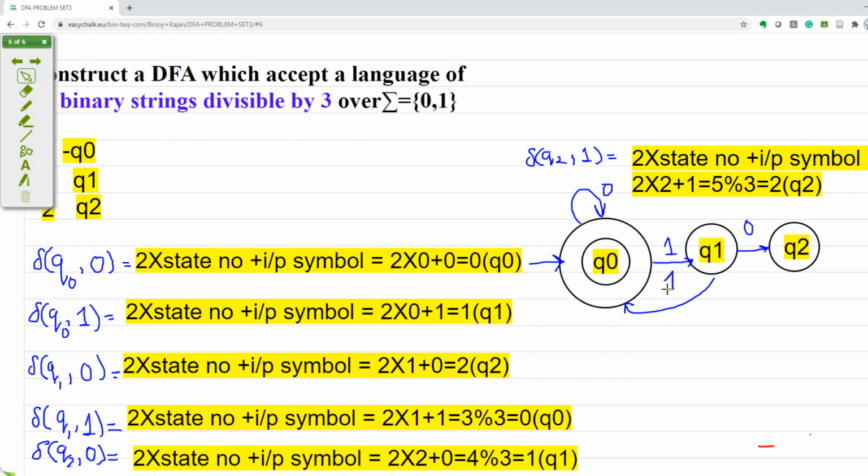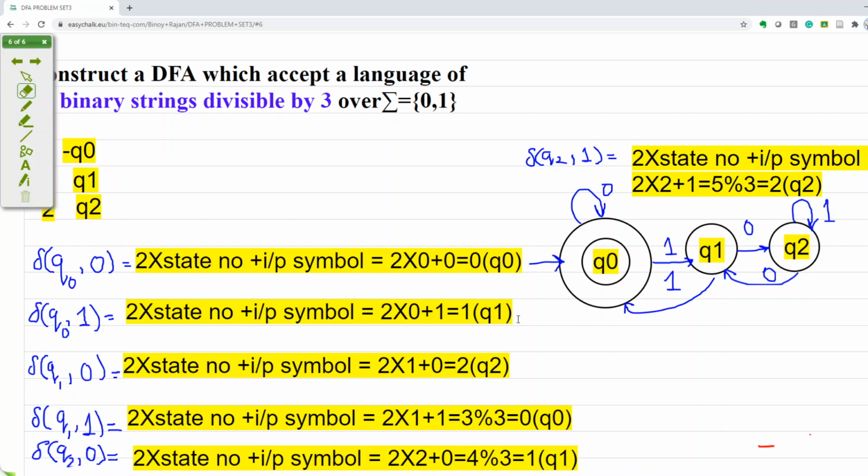Then Q2 with 0 means I am moving to Q1. Q2 with 1, I am in state Q2. That is with respect to input symbol 1. Okay, this is how we construct it. So with respect to the transition function, we draw the transition diagram.